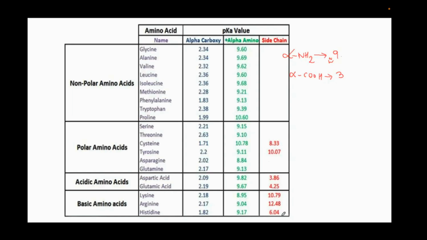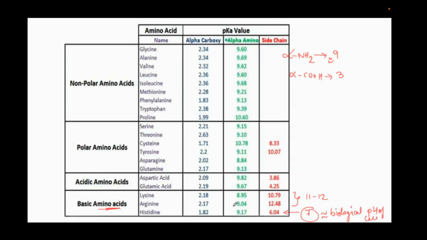For the positively charged, which are the basic amino acids, lysine and arginine have pK closer to 11 to 12, whereas histidine has a pK which is close to 7, approximately equal to the biological pH of the cell.